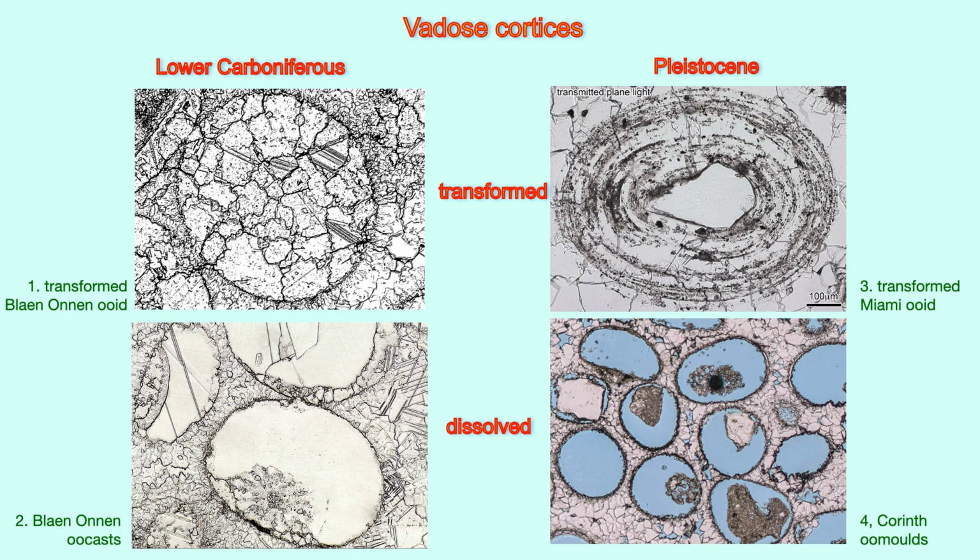Ooids whose cortices were dissolved to form oomolds also occur in both locations. The Pulthicum oomolds, however, have been cemented to form oocasts, while those in the Pleistocene are unfilled.